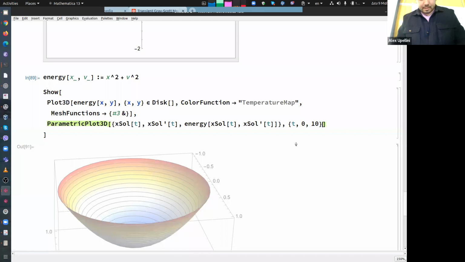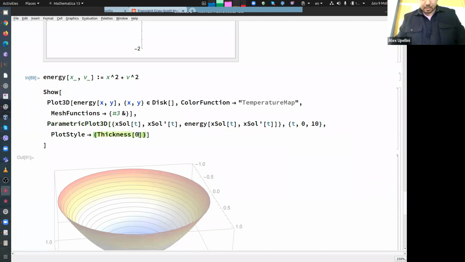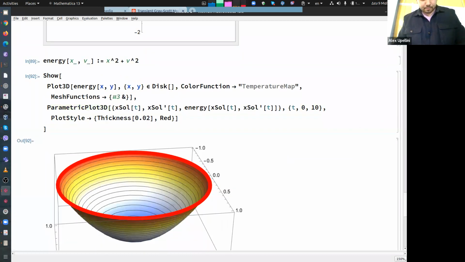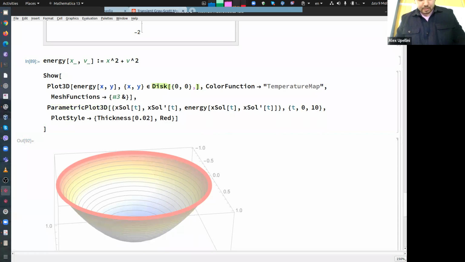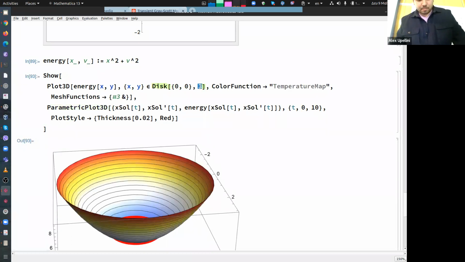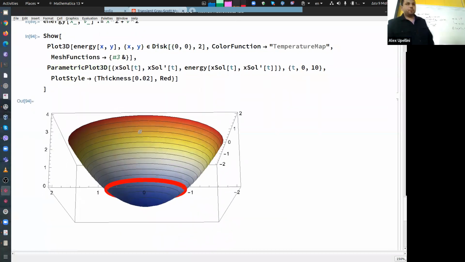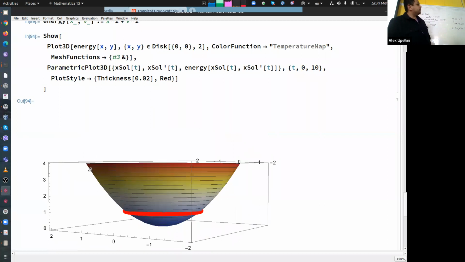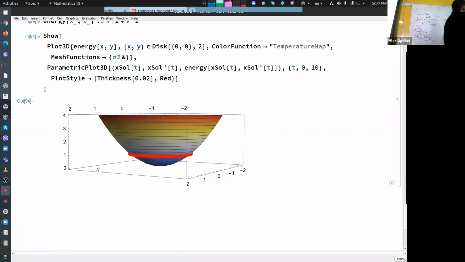And I'm going to say that I want to see that plot style, thickness 0.2 and red. Okay, so maybe go further here, 0.0 and 2 maybe. Okay, so what do you see here? The red curve is the trajectory of my particle in the phase space at a certain energy level. Okay? And the energy is conserved.